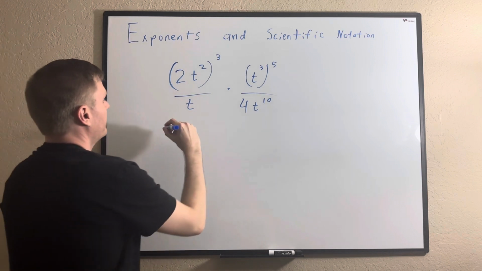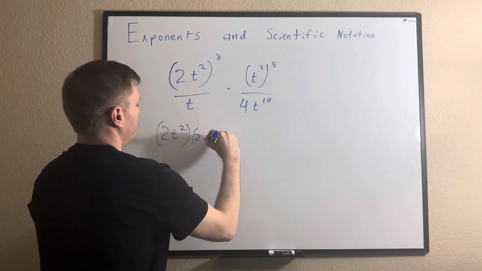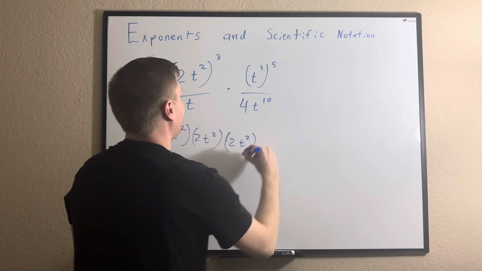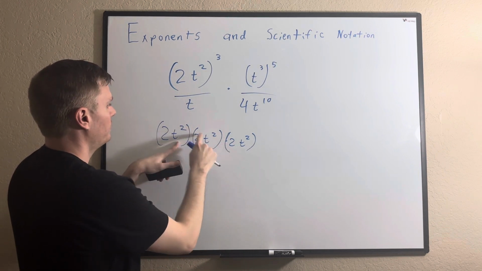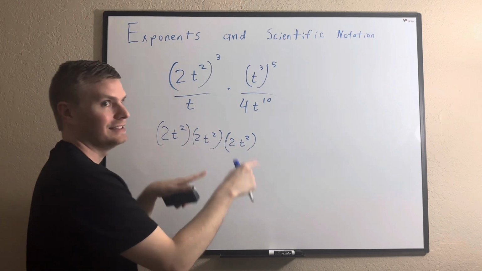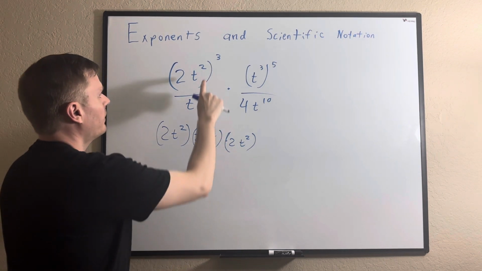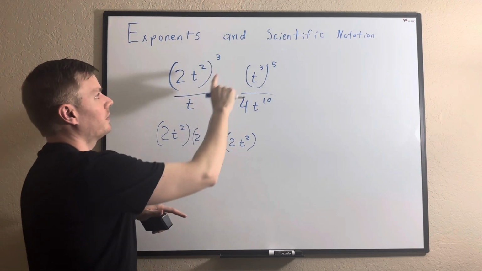So what happens? We get 2t squared times 2t squared times 2t squared again. So we have to add all these together. 2 plus 2 plus 2, which is 6, actually. Well, I thought we just added them and we get 2 plus 3 is 5. No, this is raising it to the power.